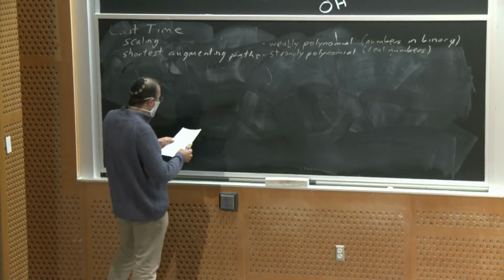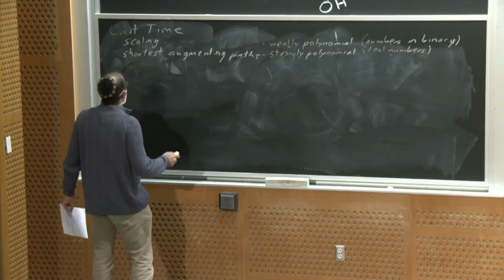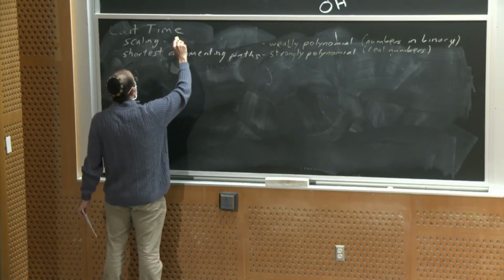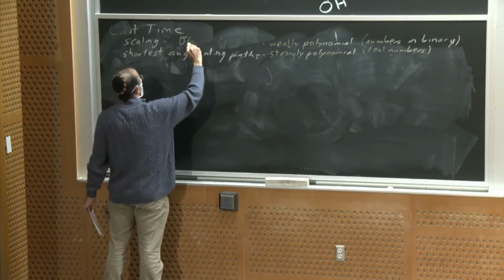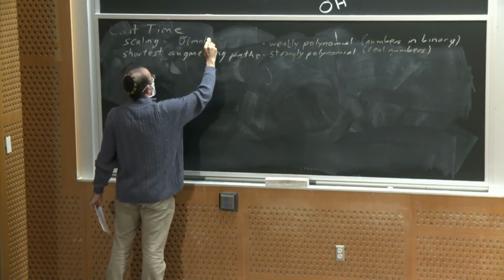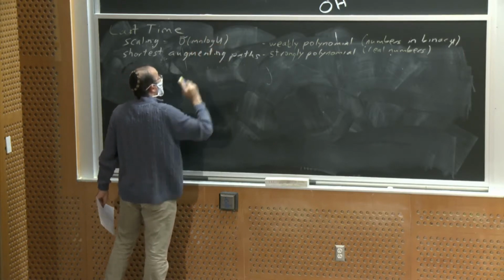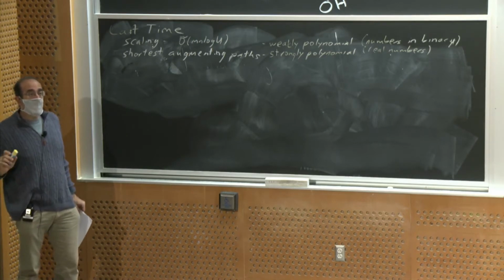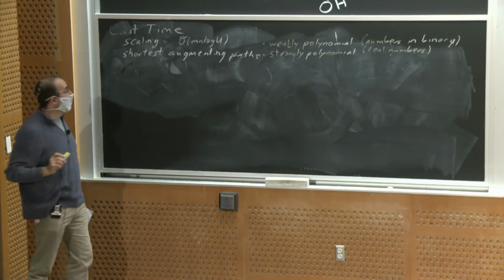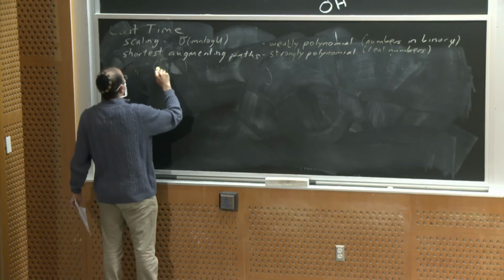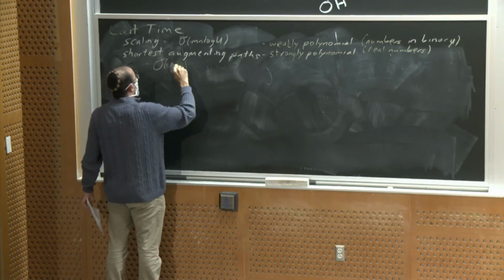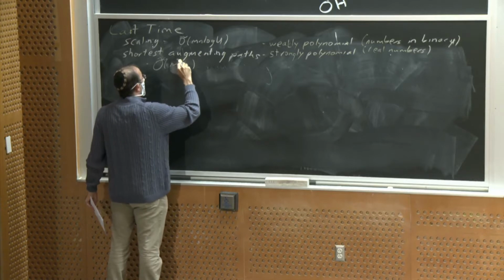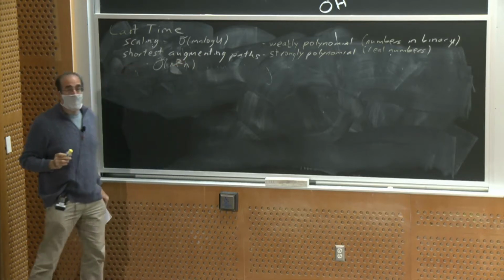So the scaling algorithm had a running time that looked something like mn times the log of the log of the capacities in the graph. The shortest augmenting paths algorithm had a runtime that was something like m squared times n, right?